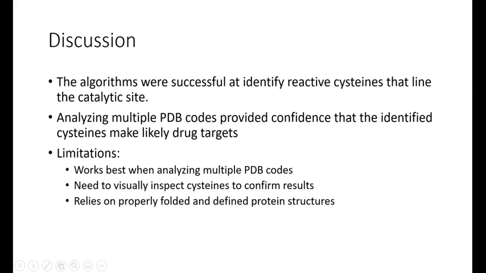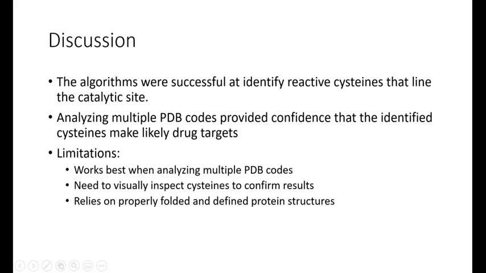The algorithm also works best when it is analyzing well-defined proteins that follow the traditional kinase catalytic domain structure. Some 3D structures with improperly folded kinases cannot be relied upon to produce accurate reactive cysteine identifications. Improperly folded kinases that produce abnormally shaped catalytic pockets may be near a reactive cysteine by coincidence.